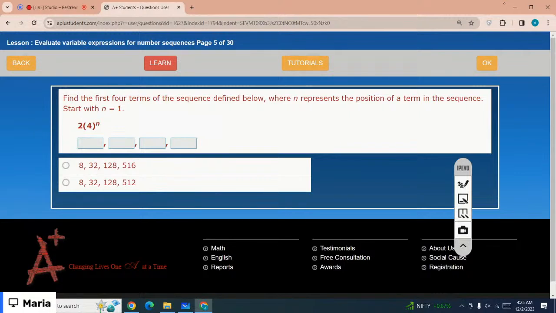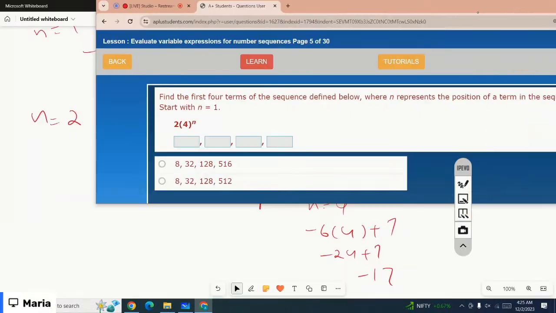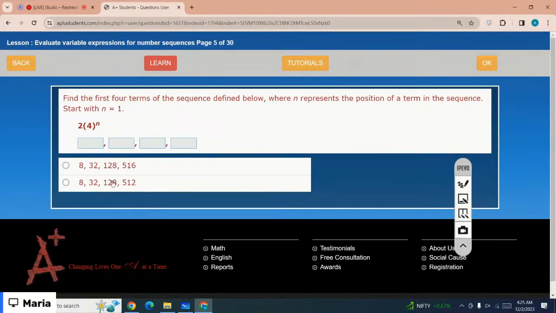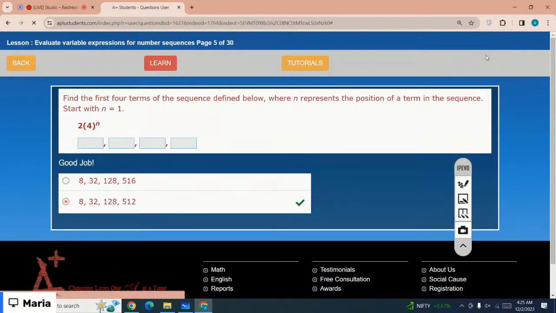The correct option is option number 2. Yes, I think. Let me check. Okay, yes, option number 2 is the correct option.